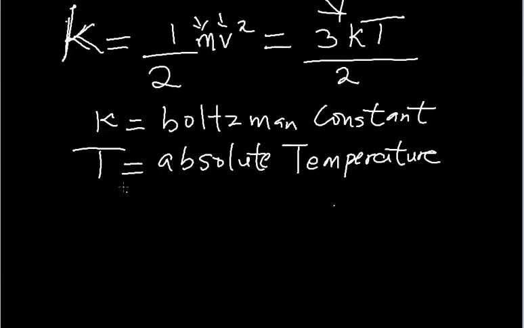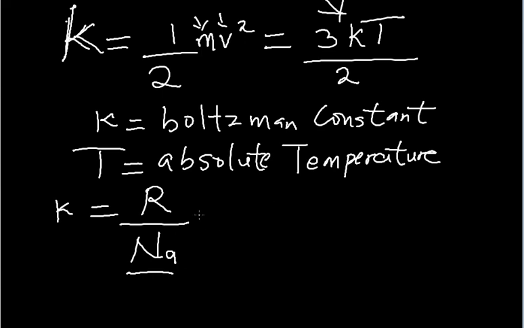Now it happens that the Boltzmann constant k, small letter k, is equal to the universal gas constant divided by the number of atoms in 1 mole, that is Avogadro's constant.